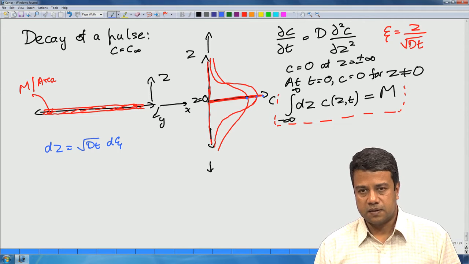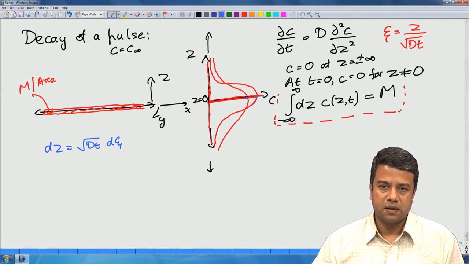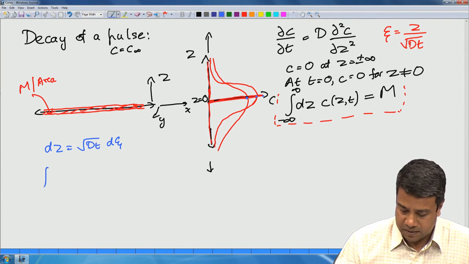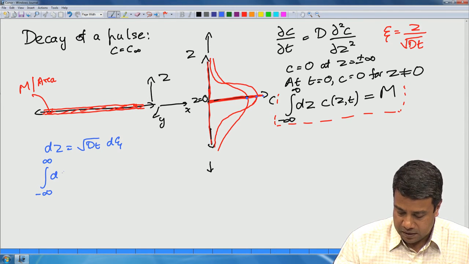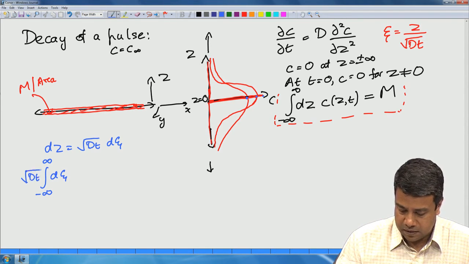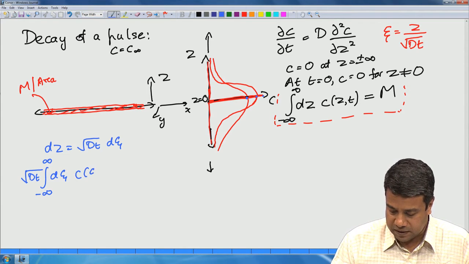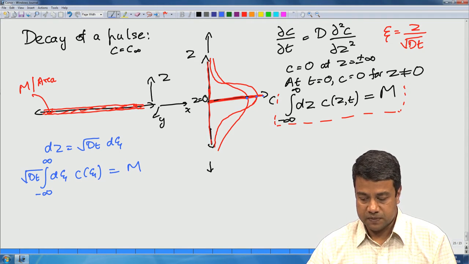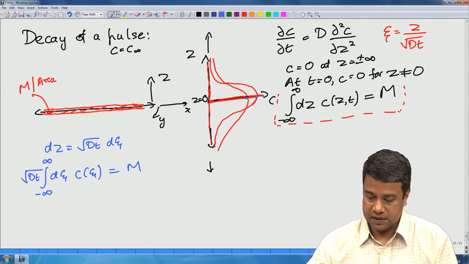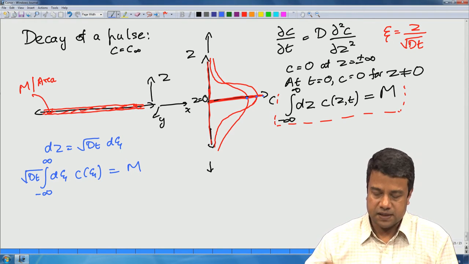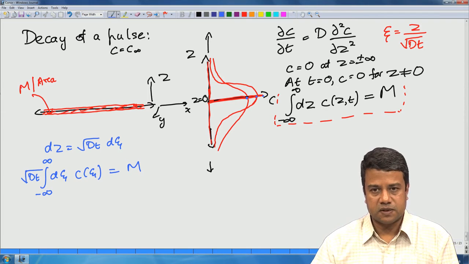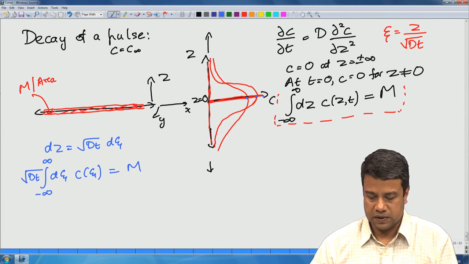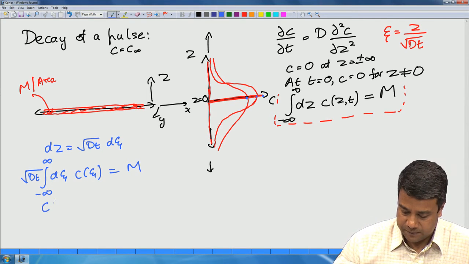Therefore, in terms of psi, if the concentration field is now only a function of psi, my condition becomes the integral from minus infinity to infinity of d psi root Dt times C of psi is equal to m. Therefore, this maximum concentration is actually decreasing with time. By this scaling argument, if the total mass is fixed and the length scale for penetration is root Dt, the maximum concentration has to decrease as 1 over root Dt, which means that I can write this concentration.